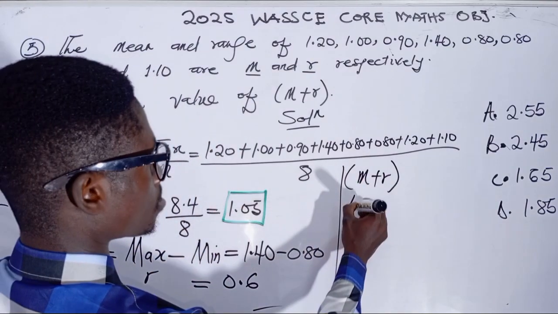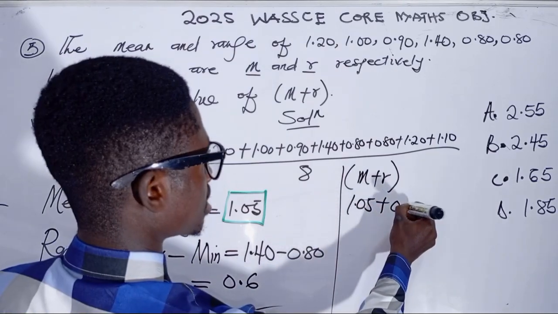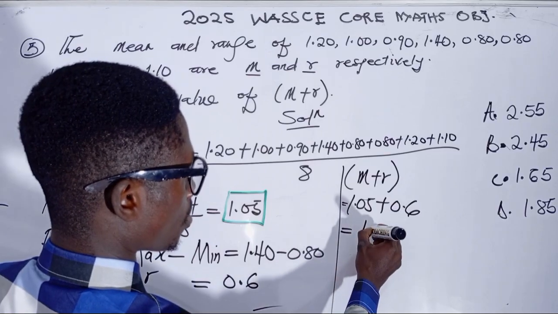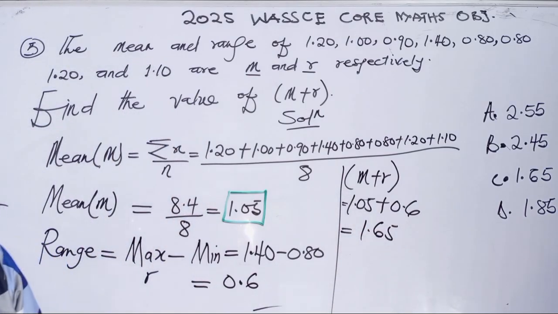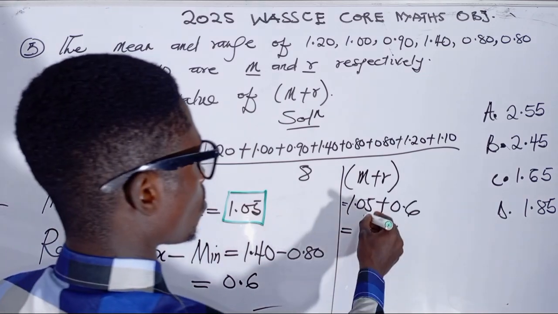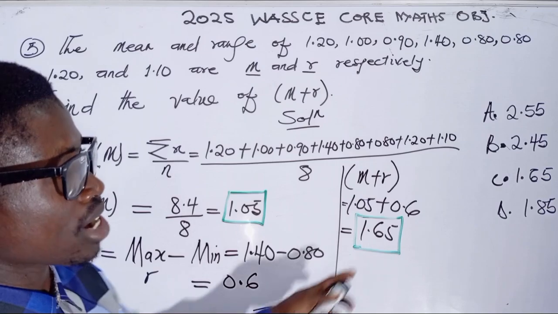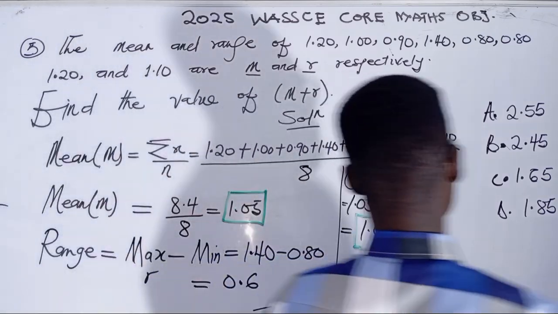So the mean is 1.05 plus the range is 0.6. When we put them together, you are going to get 1.65. Therefore, our M plus R is 1.65. So once we are done, we are going to look through the possible answers to see which one of them is the correct answer.